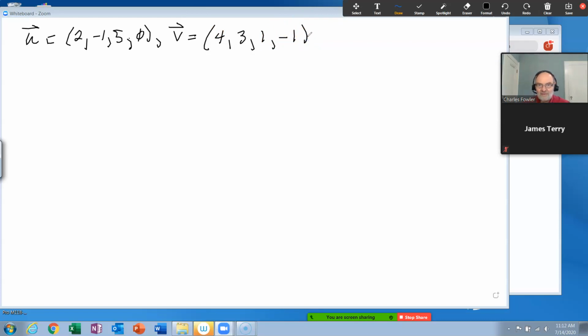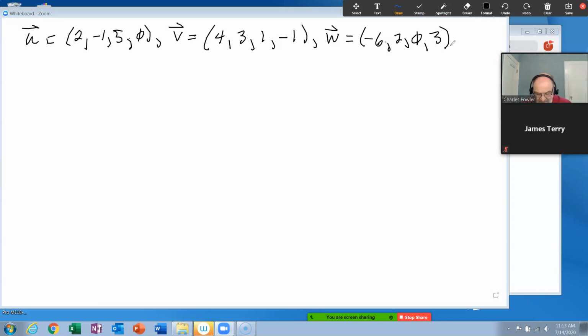Usually when it does something like that, it erases something sort of randomly. Here is w, which is (-6, 2, 0, 3). Okay, 3 vectors in R4.